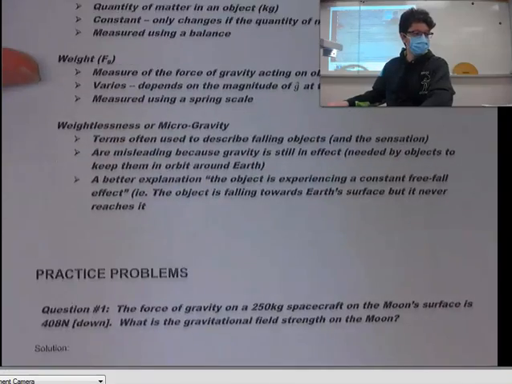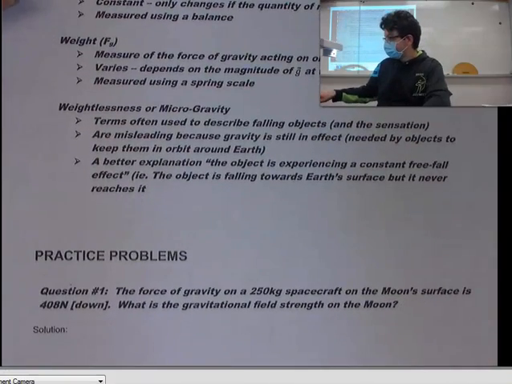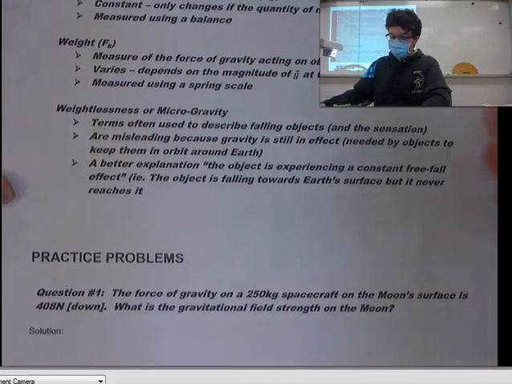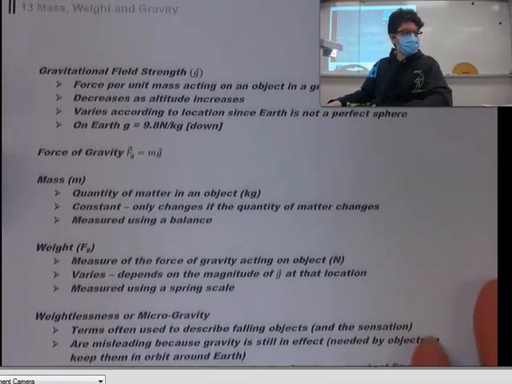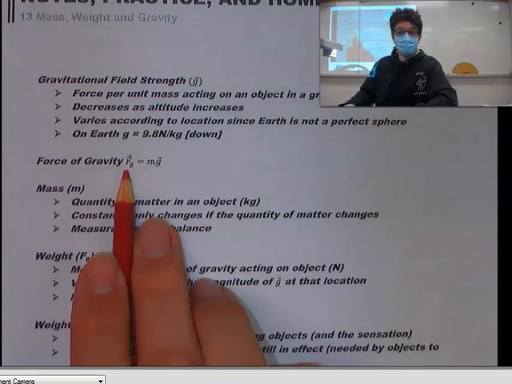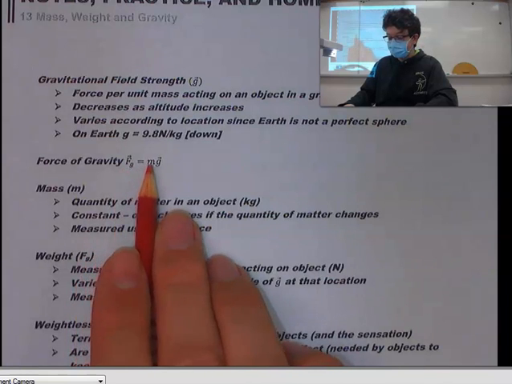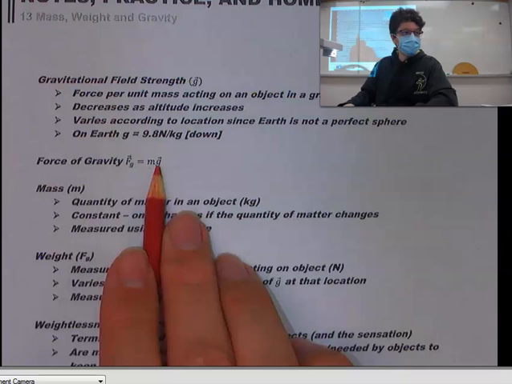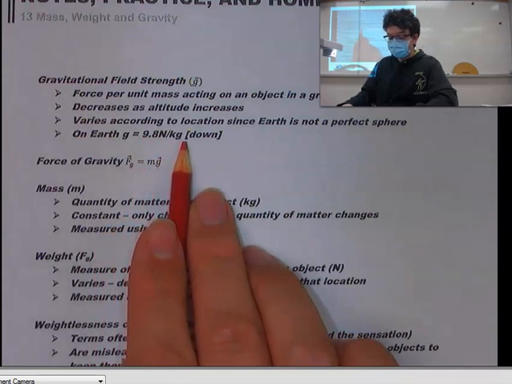So let's try a practice question. So just to recall, we can calculate the force of gravity by setting it equal to the object's mass times the gravitational field strength, which on Earth is 9.8 newtons per kilogram down.